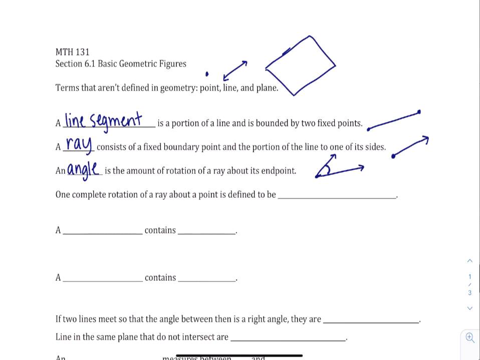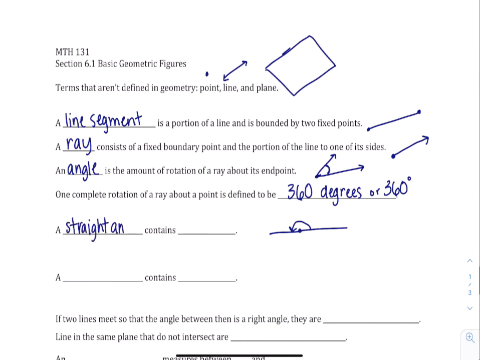We have one definition here for a complete rotation of a ray, and we will call that 360 degrees, or you would write that 360 and then the degree symbol. Sometimes we will talk about what's called a straight angle, and it's going to look like a line, but when we're actually talking about that angle there for that straight line, it's going to be 180 degrees.